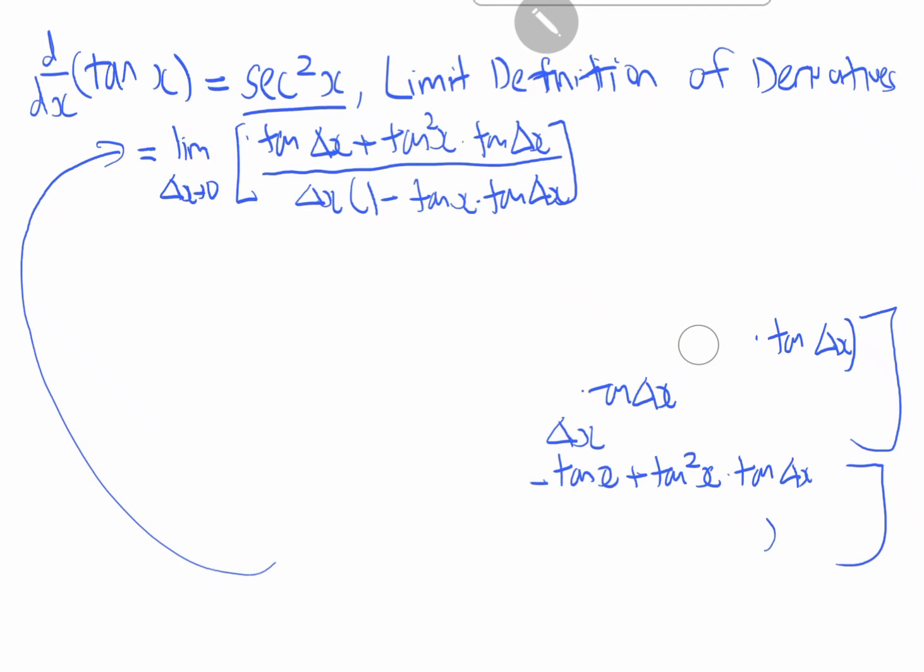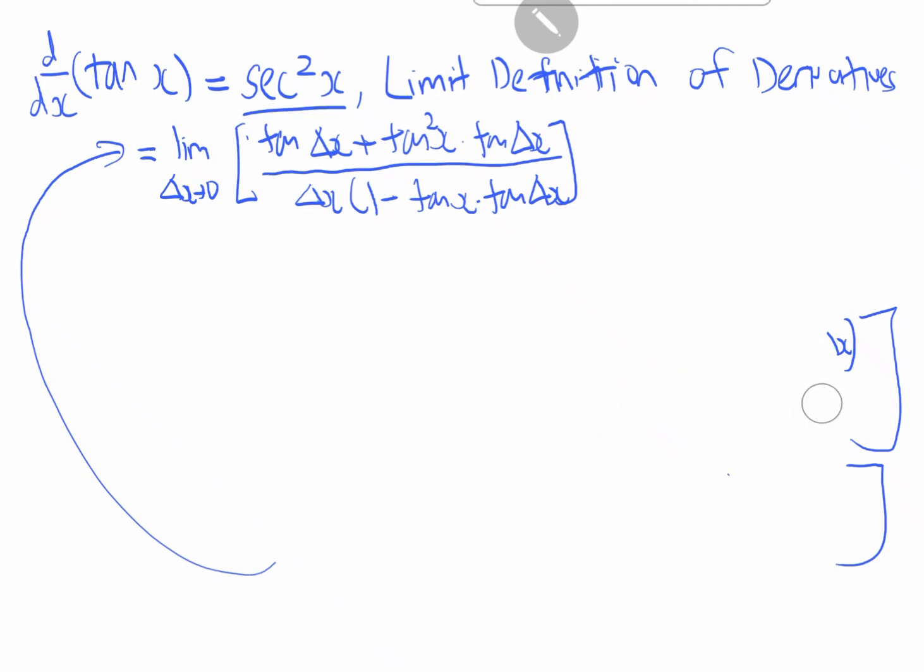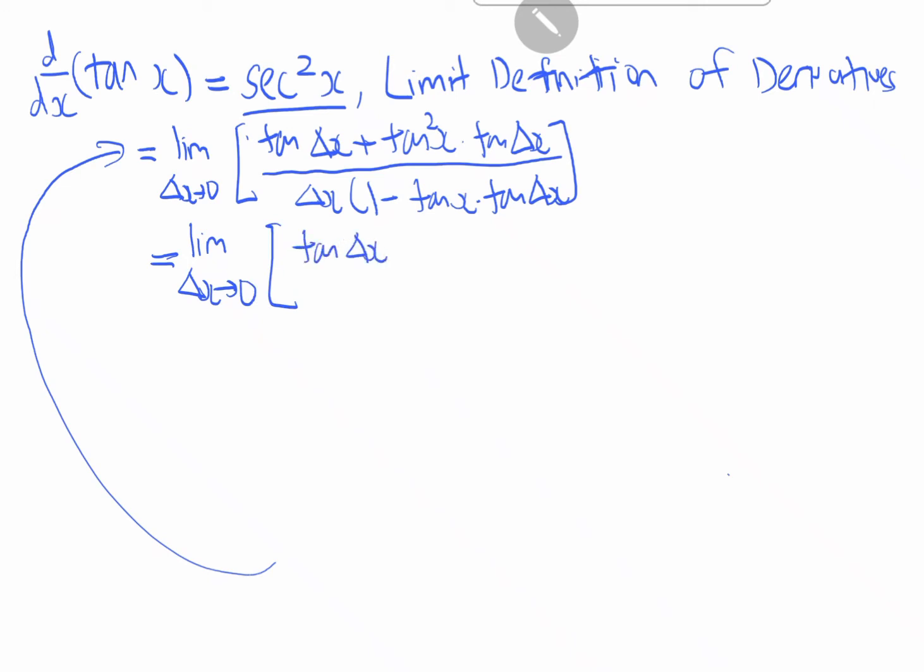Okay, now it's getting more simplified, so let's further simplify it. Let's factorize the common terms from the upper and the lower part. So you get tangent delta x times 1 plus tangent square x over delta x times 1 minus tangent x times tangent delta x.